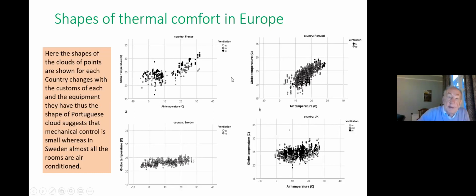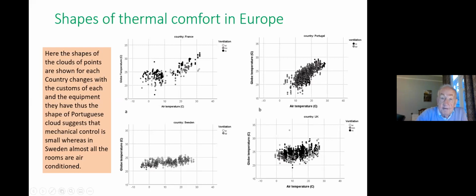Now, I don't think this is necessarily because the people in France are different to the people in England, but I think certainly the buildings chosen for each of these surveys were chosen by a different university, and they were supposed to choose 5 buildings, which they went to do a survey every month.